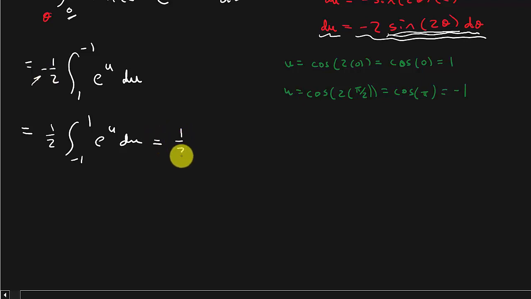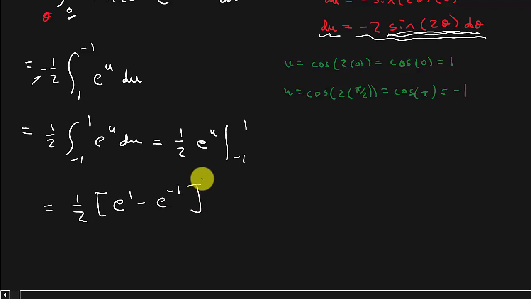So this is going to be 1/2 e to the u from -1 to 1. And so this is 1/2 times e to the first minus e to the -1. And if you punch that into your calculator, you get 1.175. And there's your answer.